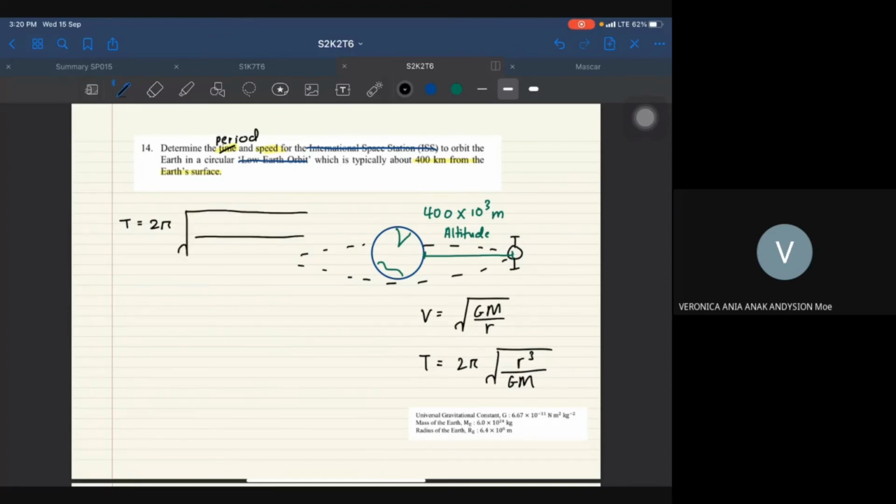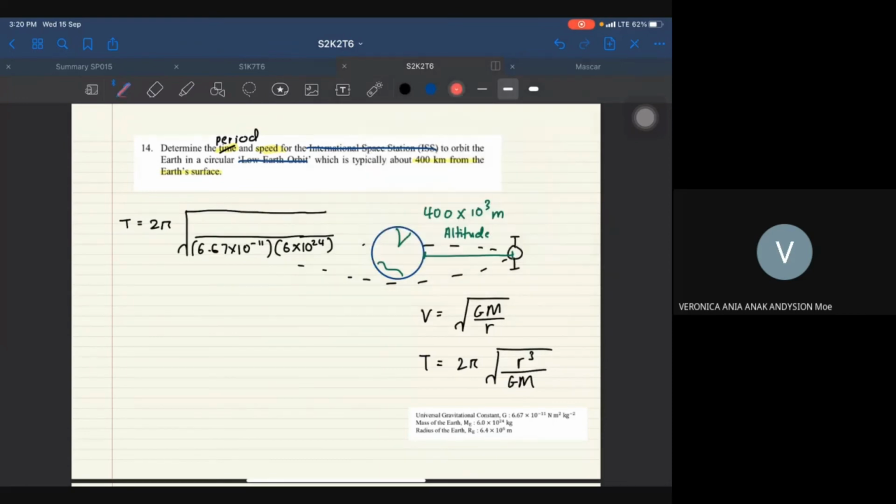G is a constant, no problem: 6.67 times 10 negative 11. For M, which mass do we use? The mass of the earth, so 6 times 10 to the power of 24. Here only one mass is given, so no problem. Sometimes they are mean and say the mass of the satellite is 100 kg, and the students get confused.